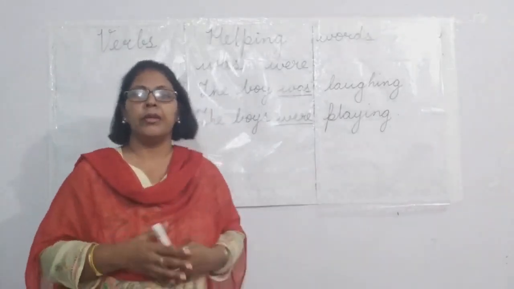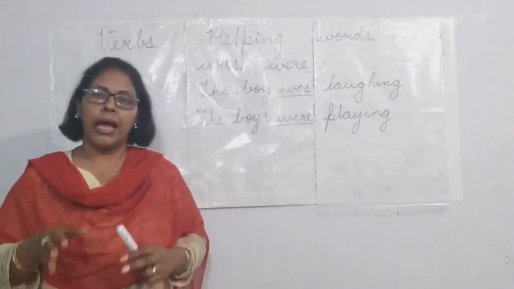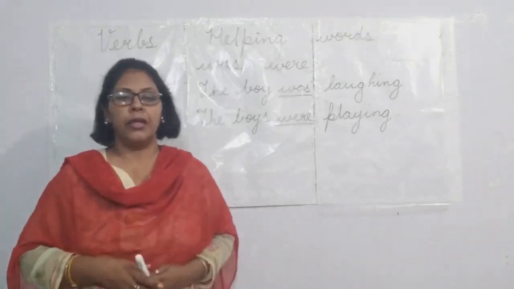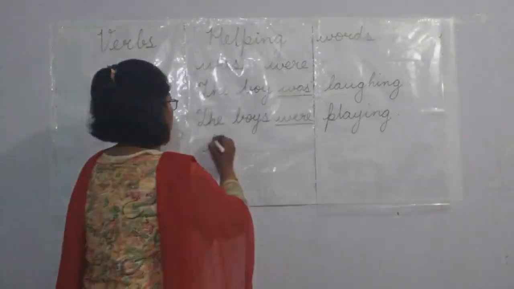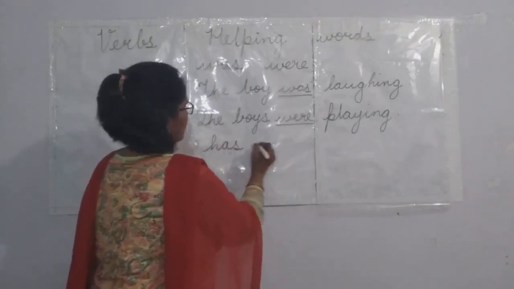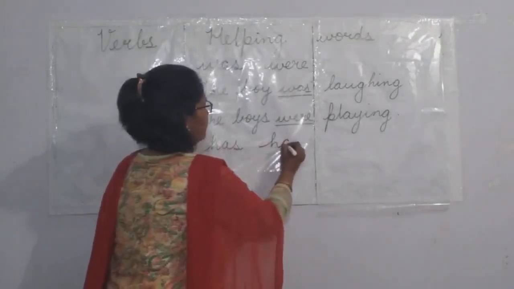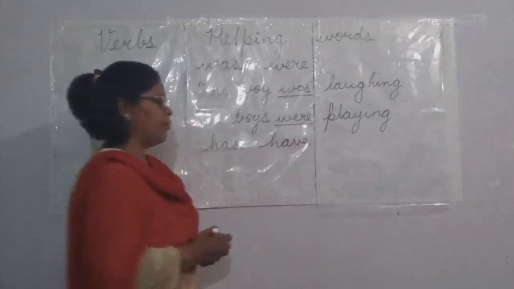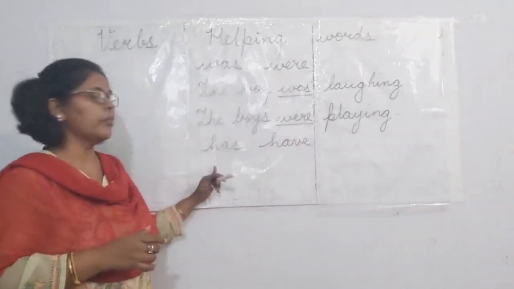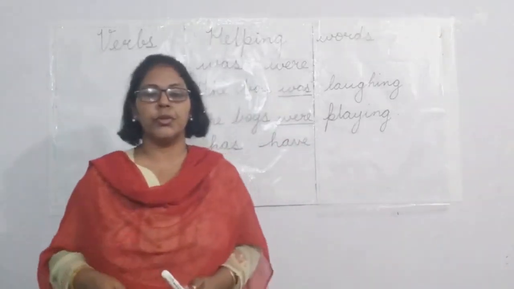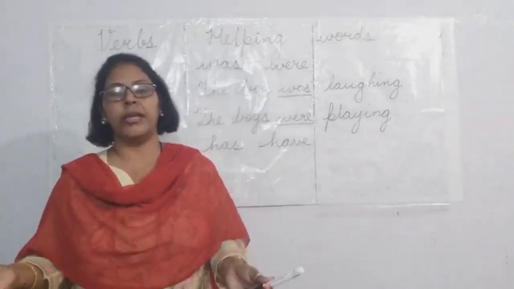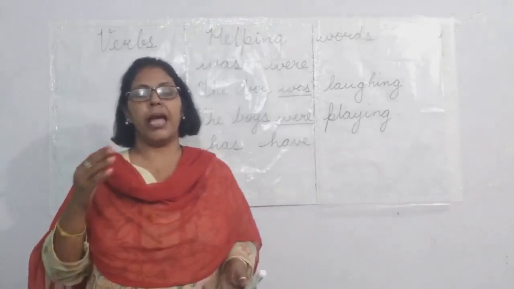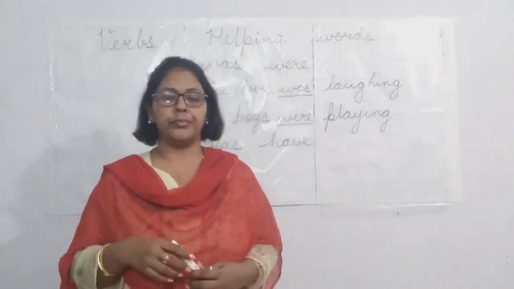Now we have the next ones, has, have. When to use has? Has is used for one person, animal or thing.